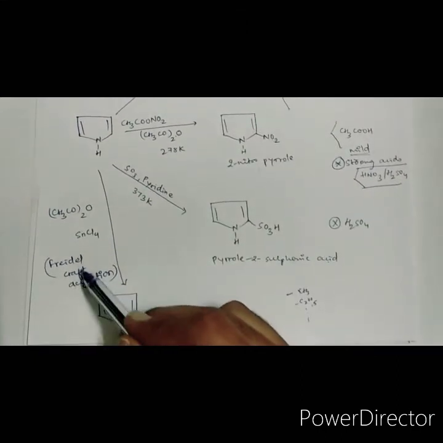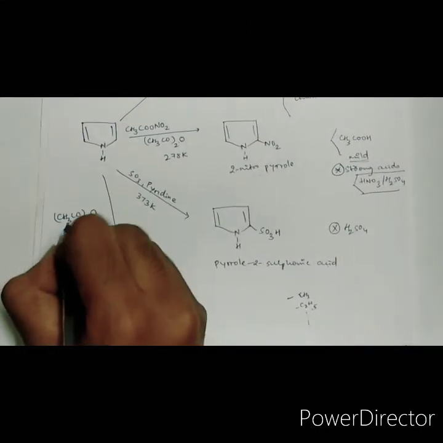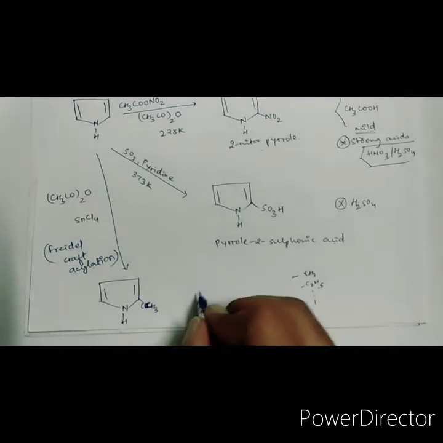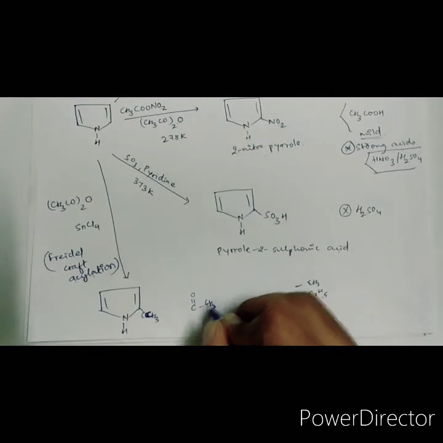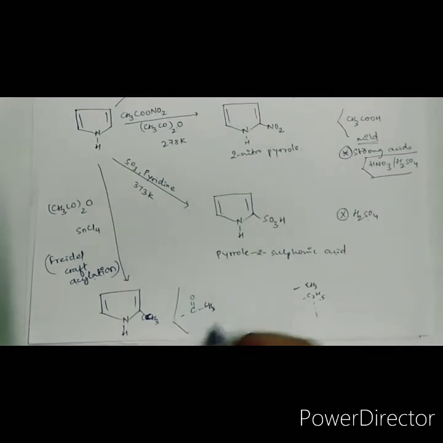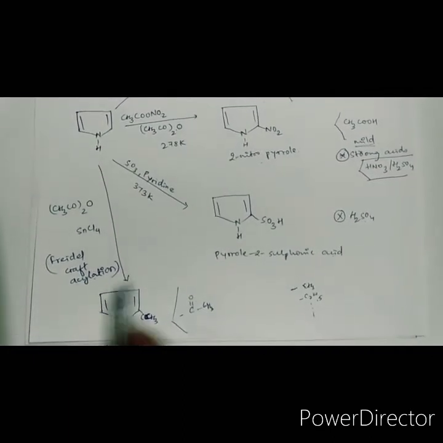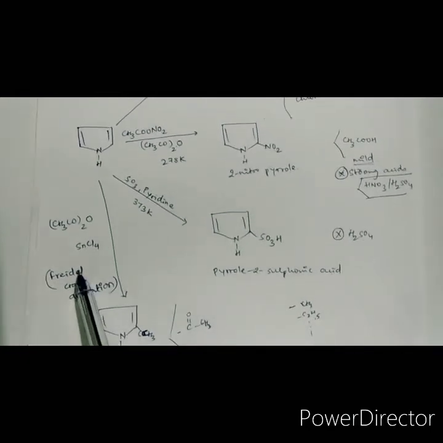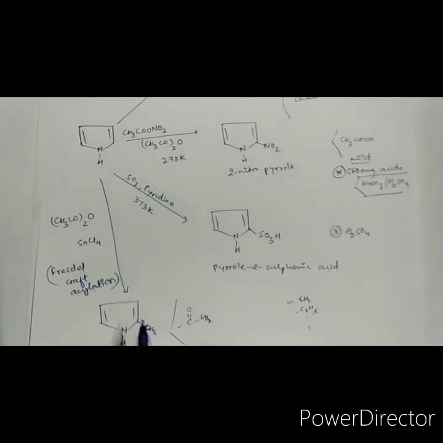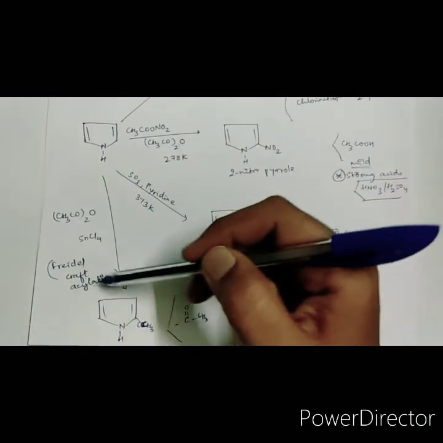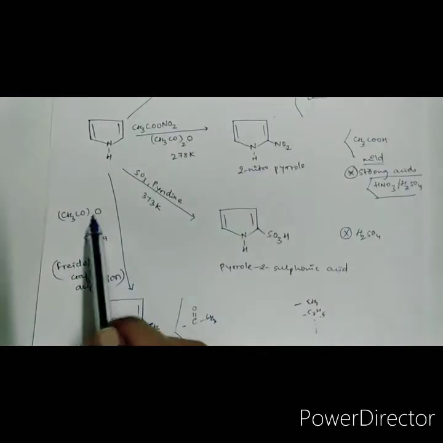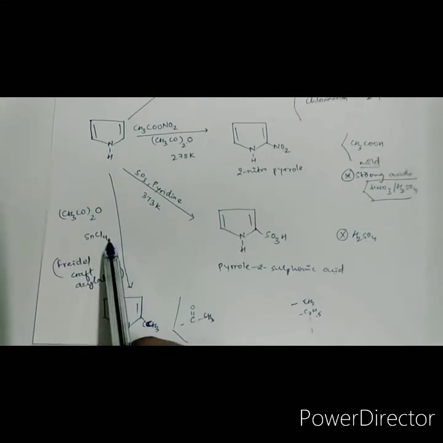But in case of Friedel-Crafts acylation, the acyl group like COCH3, C double bond O CH3, is known as acyl group. So attachment of these acyl groups to the basic nucleus in presence of Friedel-Crafts reagents is known as Friedel-Crafts acylation. So in this case, pyrrole undergoes Friedel-Crafts acylation in presence of acetic anhydride and tin chloride.